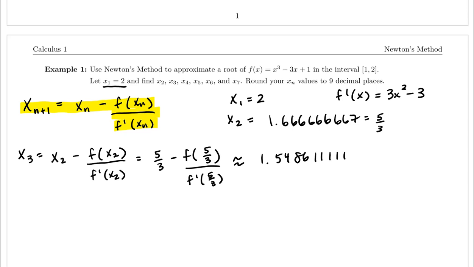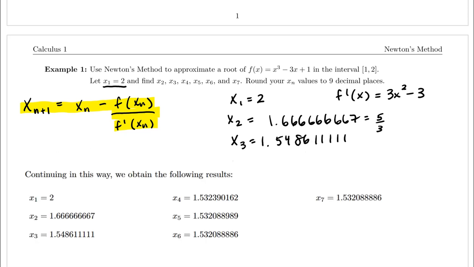We want to keep doing this until we find x sub 7. This algorithmic process is getting tedious, so I went ahead and I just pasted in the solutions here. And it turns out that if you have a Texas Instruments calculator, you can get these results a lot quicker.